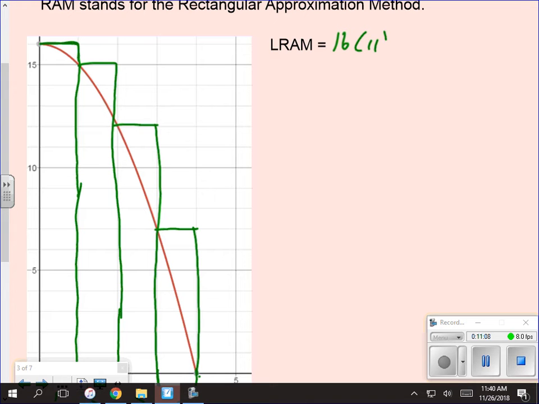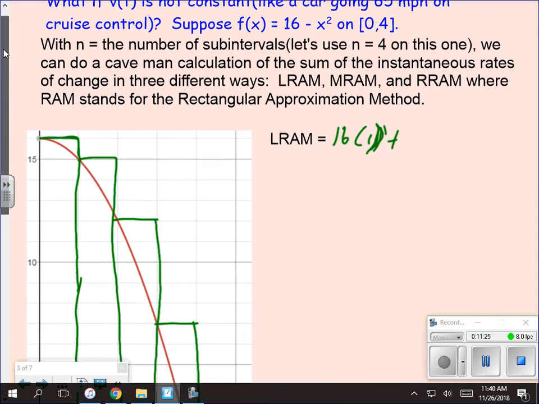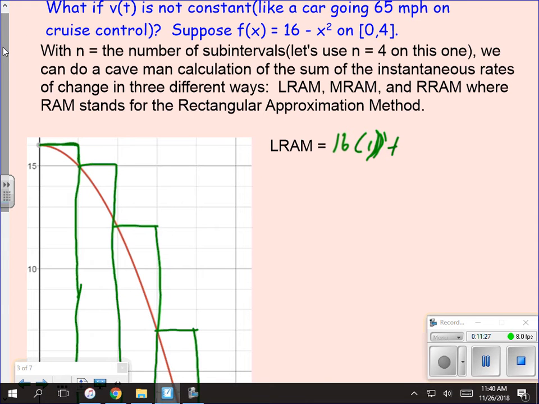So 16 times 1 plus, how tall is my second rectangle? It's 15. And if you don't have a graph to get it from, where can I get 15 from? Well, what's our equation? We put in what our x coordinate is.